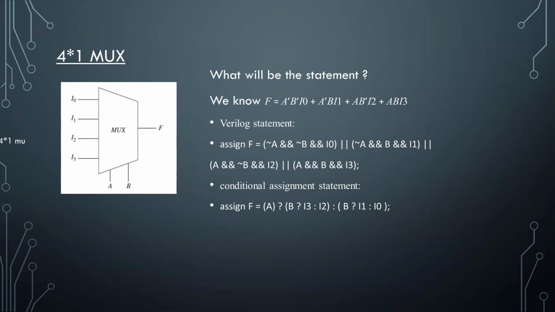That is, if A and B are true, we get I3, and if A is true and B is false, we get I2. The next condition is that A is false. If A is false and B is true, we get I1, and if A is false and B is false, we get I0 as the output.